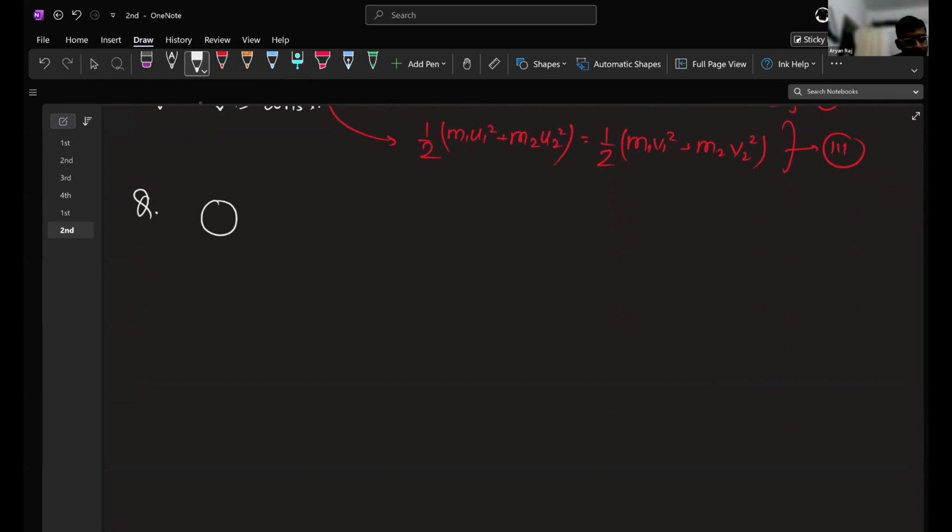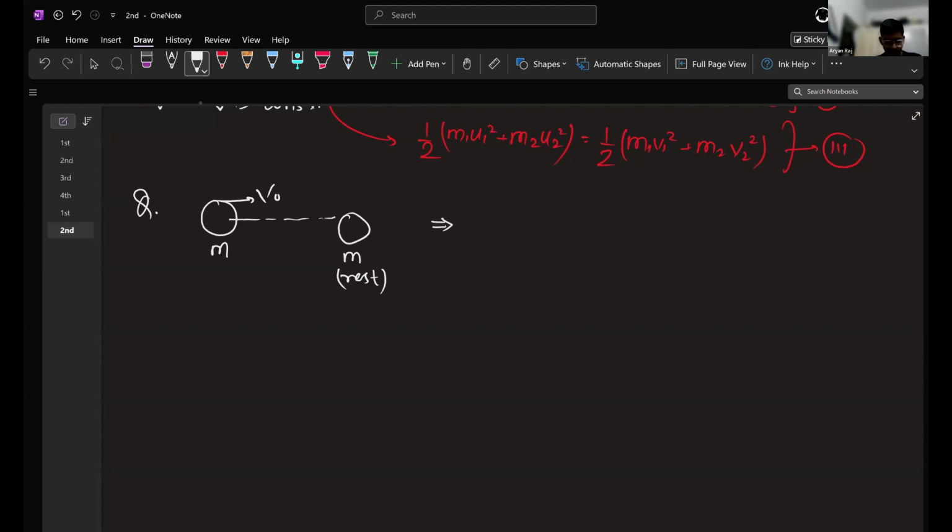So here there is a mass m moving with a velocity v naught towards another mass, again m, which was initially at rest. After collision, what happens?